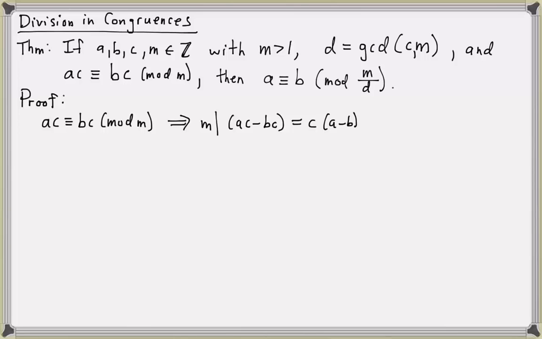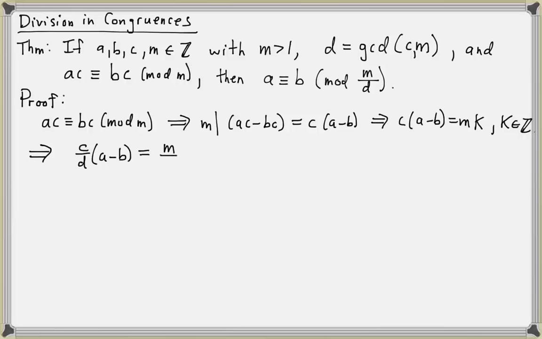So I can write c times (a minus b) as m times some integer k, and now I can divide both sides of this equation by the greatest common divisor of c and m, which is d. Dividing both sides by d implies that c over d, which is an integer, times (a minus b) equals m over d times k.